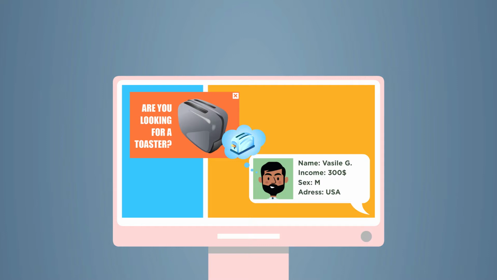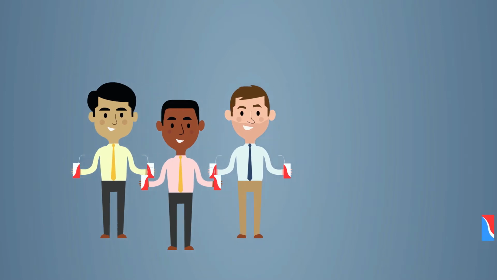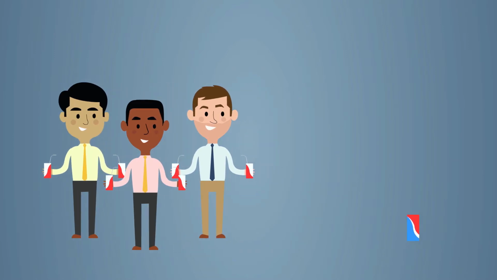And the third thing that this data is absolutely critical for is if we run one of these ad campaigns targeting a specific group of individuals, let's say heavy soda drinkers, and we advertise a new soda product we launch, we'd like to know if this ad campaign worked or didn't work.